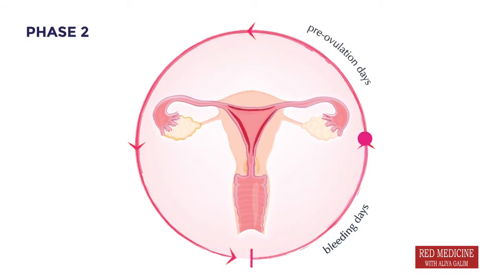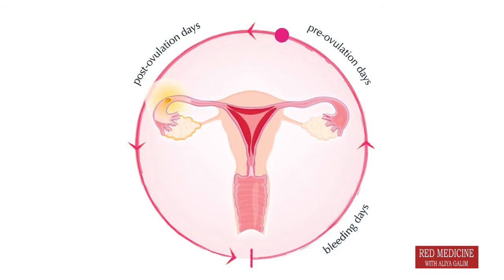Phase 2, where new follicles start growing within the ovary. So that's the pre-ovulation days. And it is also accompanied by secreting special mucus. During this phase, the egg is growing and getting ready for that climax day of ovulation.